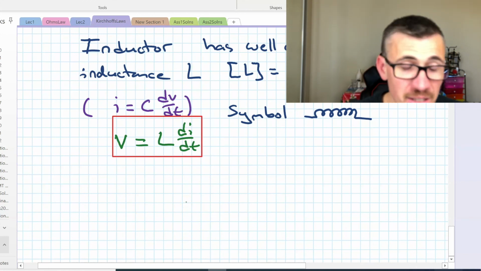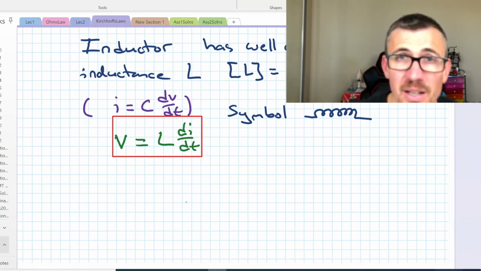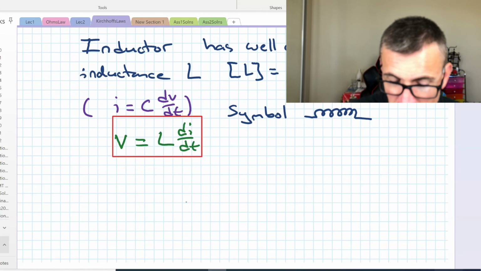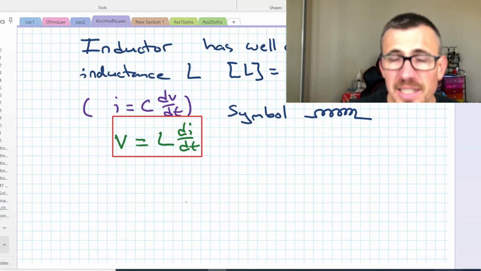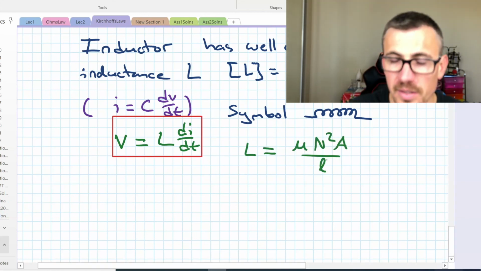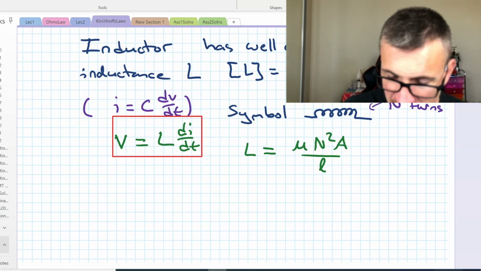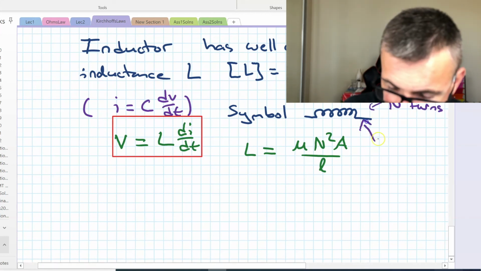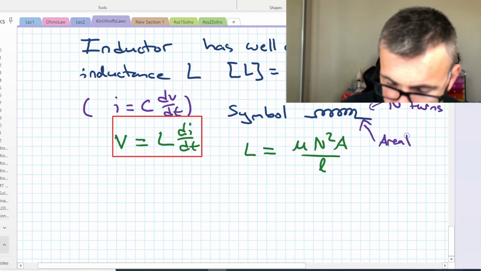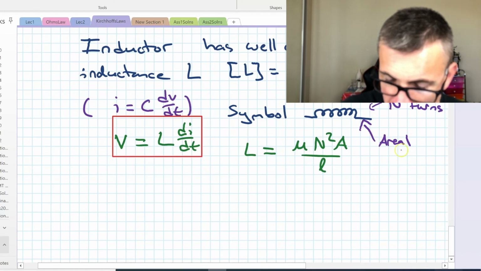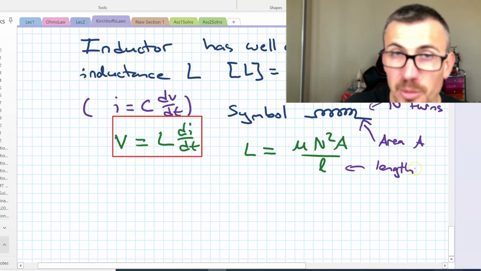Now we can define the dimensional geometric form of the solenoid, but that's less important in our course. I'll just state it for reference now. The inductance of a coil that has n turns, cross-sectional area A, and length L is given by this.